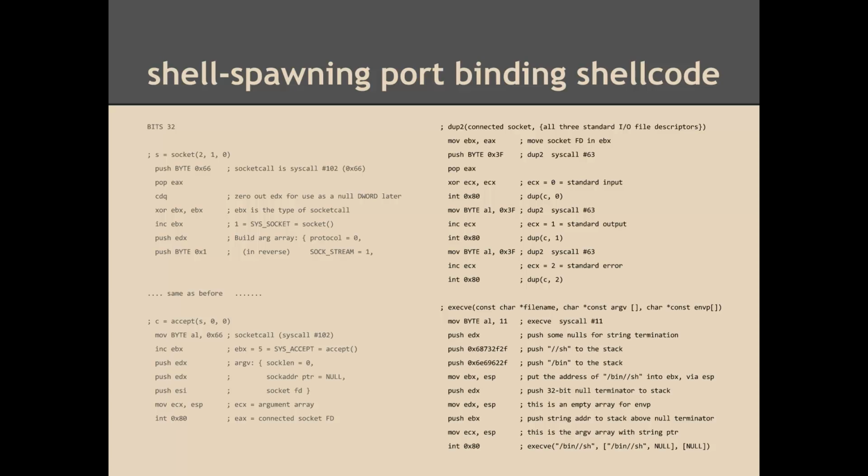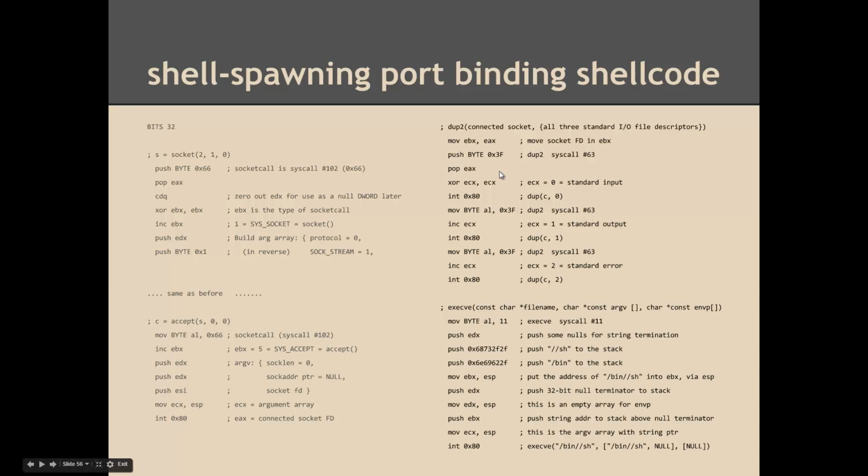So this line of code, push just the byte 0x3F onto the stack and then pop it, is a fancy way of getting around the null bytes that might occur, and just mov EAX, byte 0x3F would probably have a lot of null bytes.